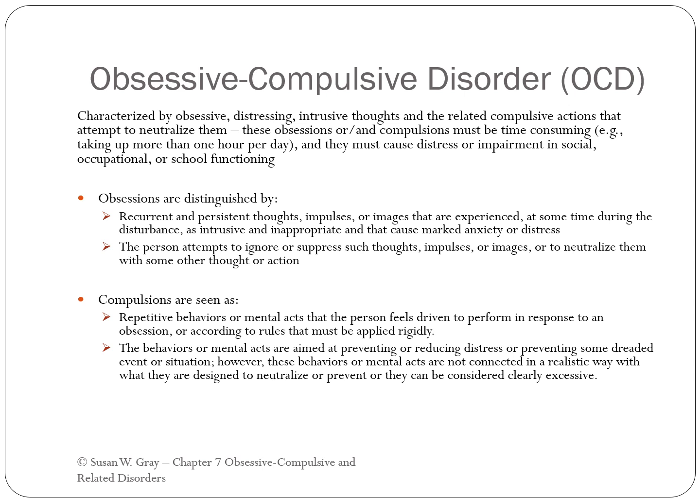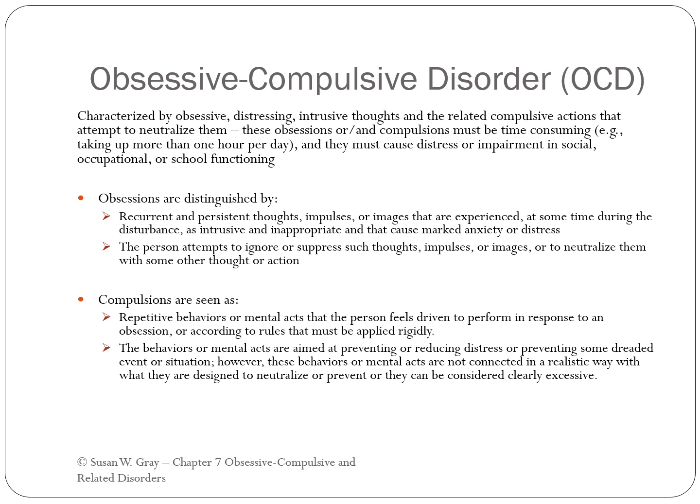So these obsessions and compulsions must be time consuming. They have to take up a lot of time every day, and they must cause distress or impairment in social, occupational, or school functioning. The obsessions are distinguished by recurrent or persistent thoughts, impulses or images that are experienced at some time during the disturbance as intrusive or inappropriate, and they cause marked anxiety or distress.